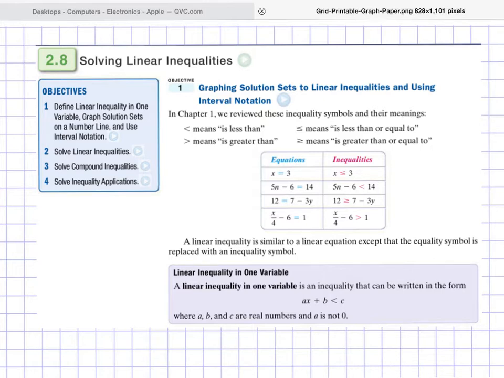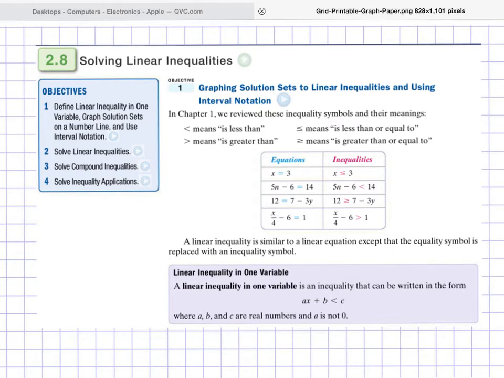But when you have inequalities, you don't have an equal sign. You have less than, greater than, less than or equal to, or greater than or equal to as the sign in the problem. So what we're going to do is solve linear inequalities and graph them and learn how to use something called interval notation.